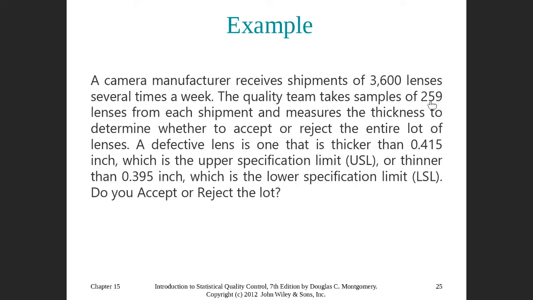So this is a different concept of accepting and rejecting. I have a sample size, but I don't have AQL and RQL. I have specifications. I believe the time is running out, so I will stop here and continue this example in the next session.